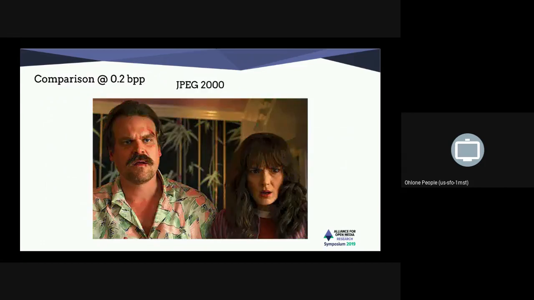When you code it with JPEG 2000, it gets a lot better. And with the same ratio, when you get to AVIF, it's slightly better. Probably I can toggle back and forth so that you see, but I'm not sure if you can. Like the hair of the woman or the skin tone is different. So there are fewer ringing artifacts here.